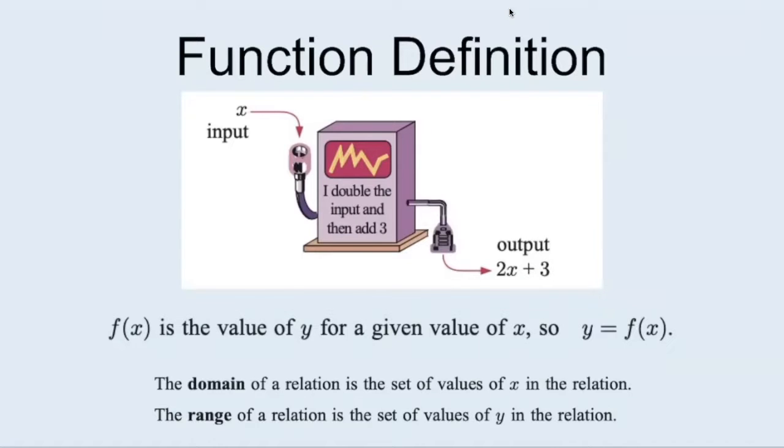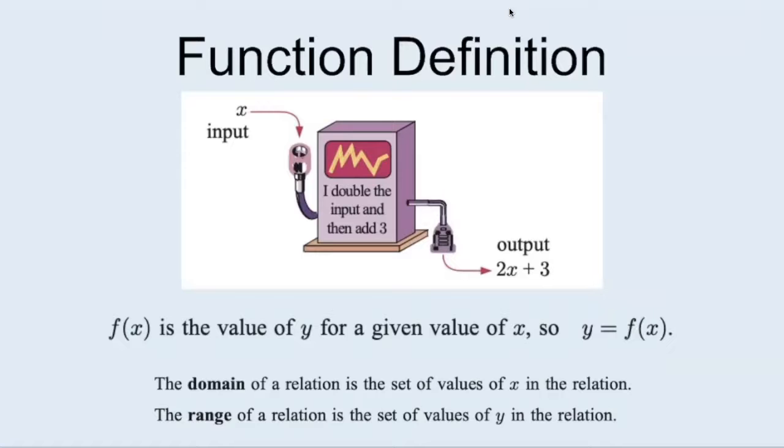Every function has what's known as a domain and a range. Now we will be focusing predominantly on the domain in this class. The domain is the set of all values that are the X values. And again, you only want to see those X values occur once.